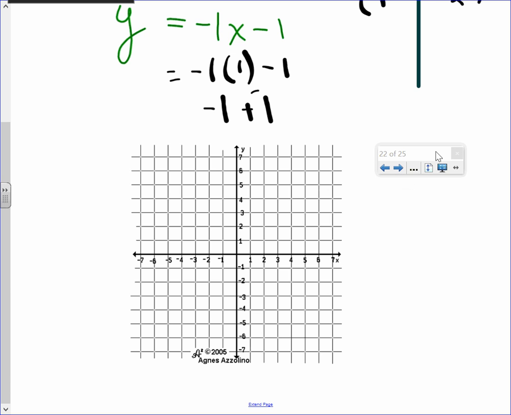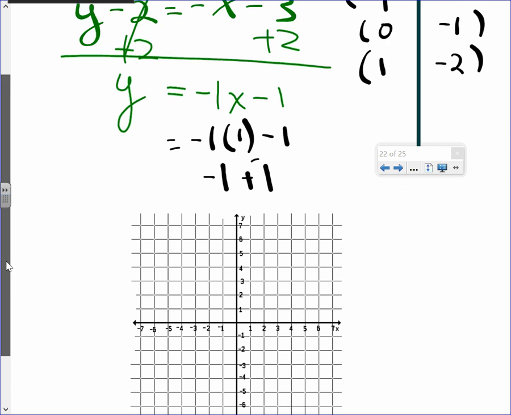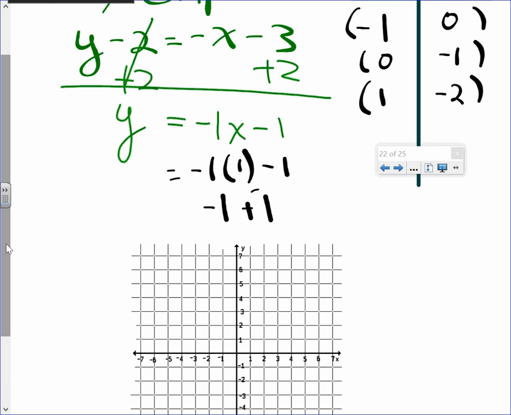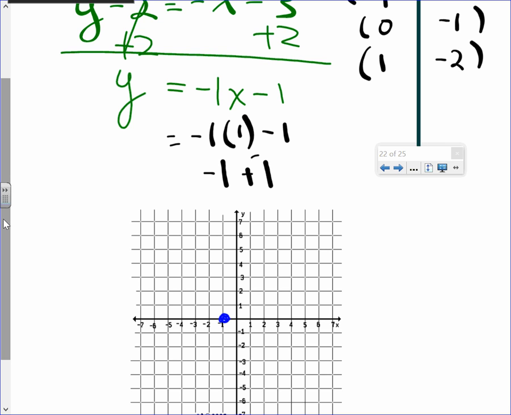All right, here we go. We got negative 1, 0. I got 0, negative 1.